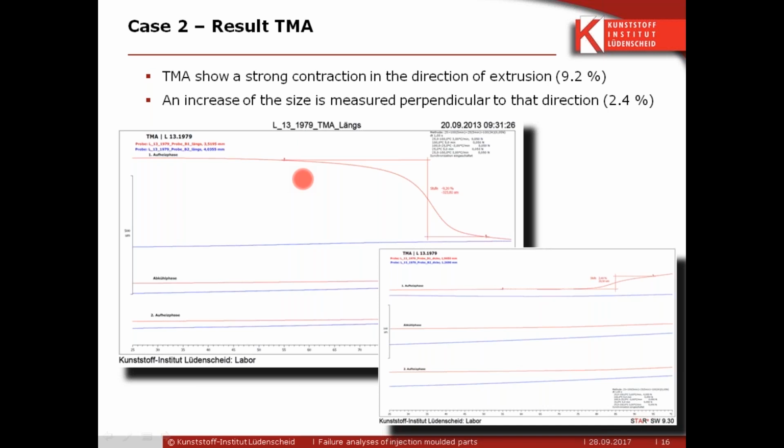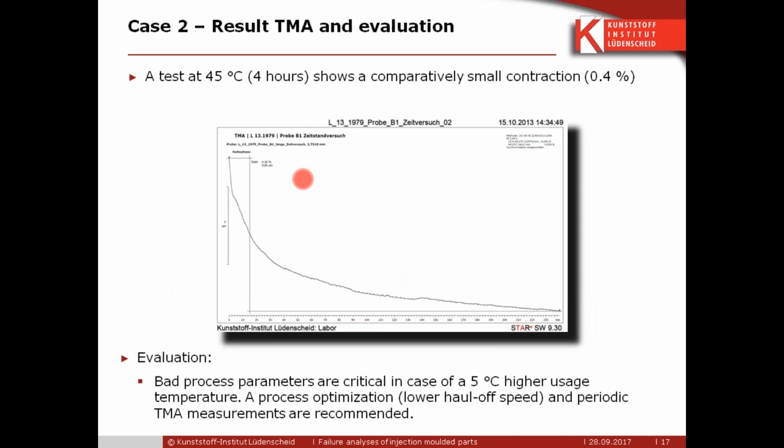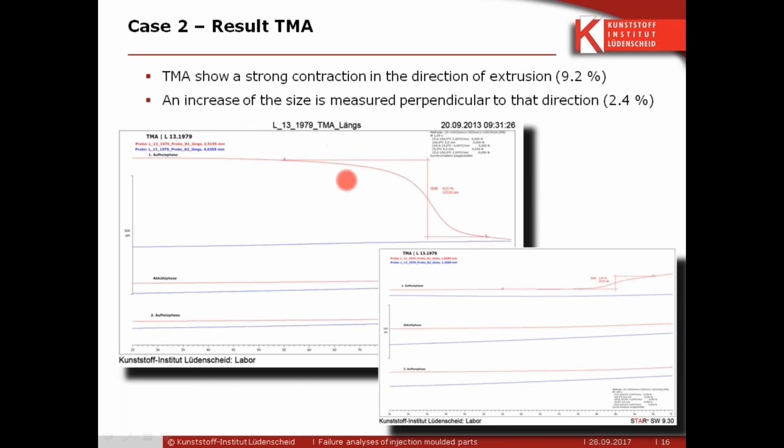So this effect will also appear if you hold the sample very long at a lower temperature. You don't have to heat it up to 80 or 90 degrees, as in this case. It will also appear if you heat it just to 50 degrees. As you can see, the deformed sample did not show the shrinkage, so we can be sure that it already appeared.